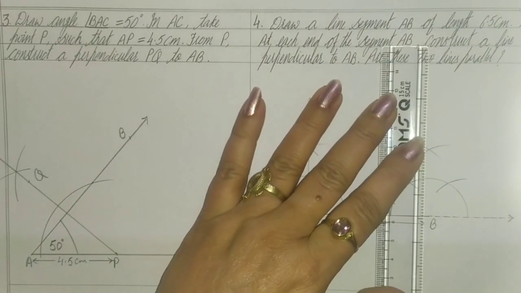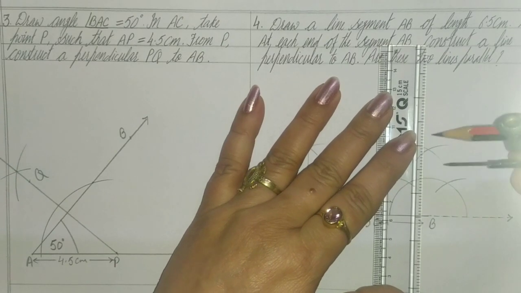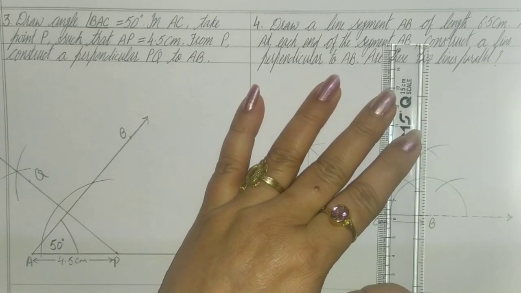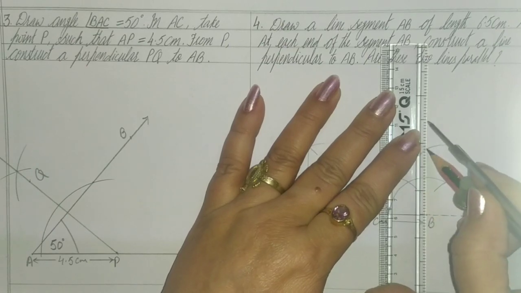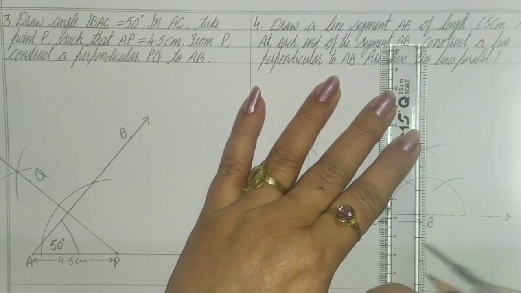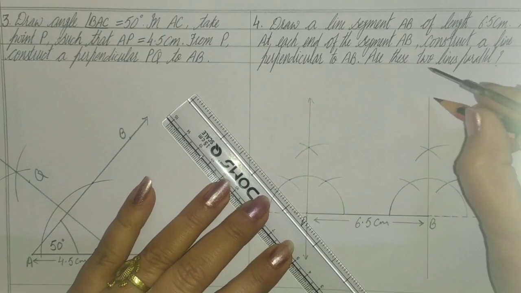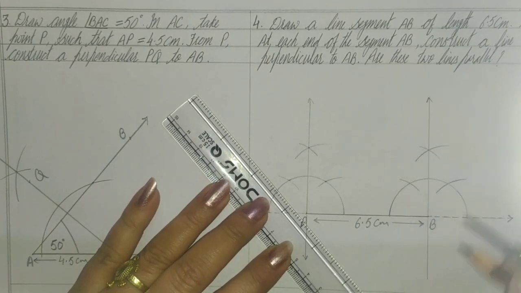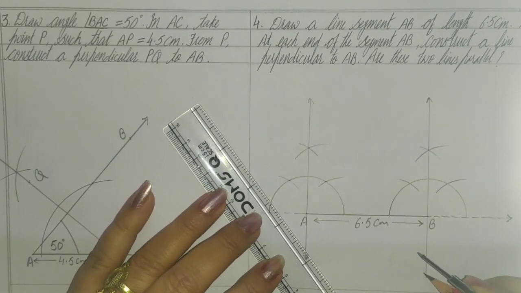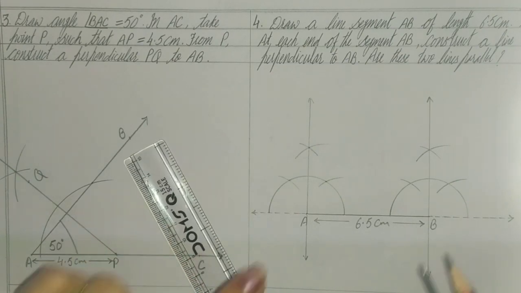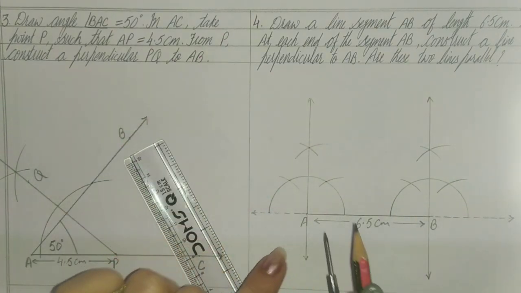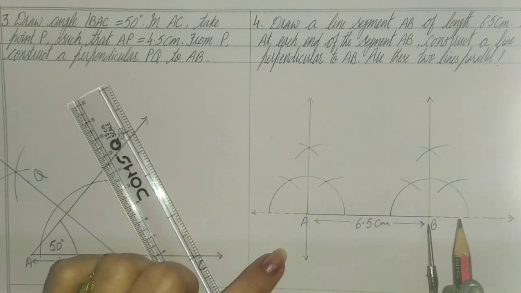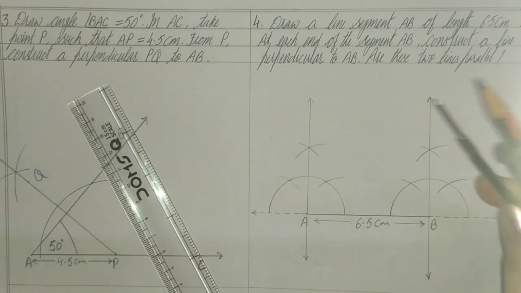Now make a hole and then draw a line passing through P. Mark arrows on both the end points. So these are the two perpendicular lines at the end points of the segment AB.